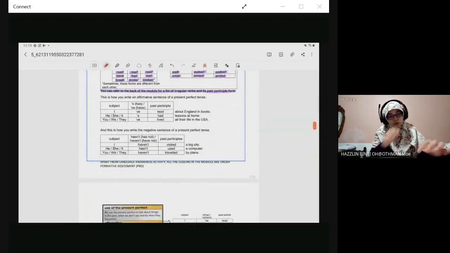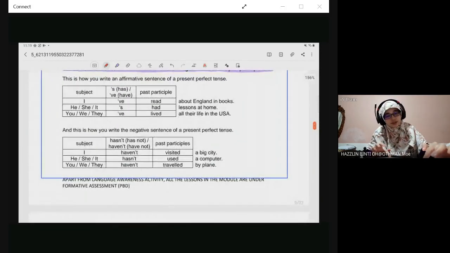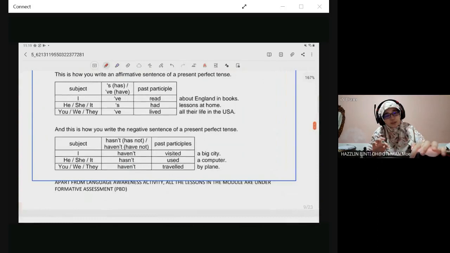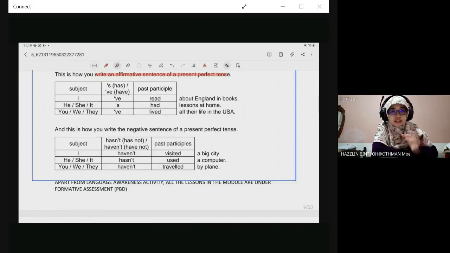So now you are going to learn how to write an affirmative sentence of the present perfect tense. Now remember, first is the subject. You cannot put anything else but the subject.